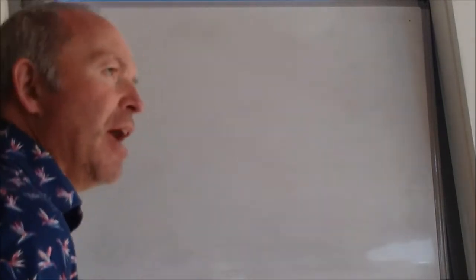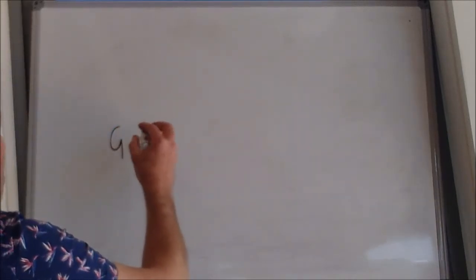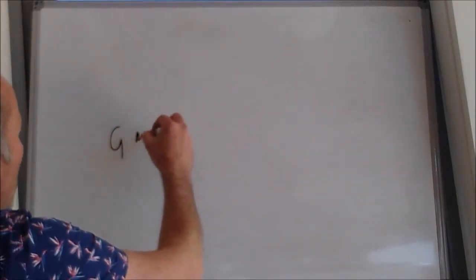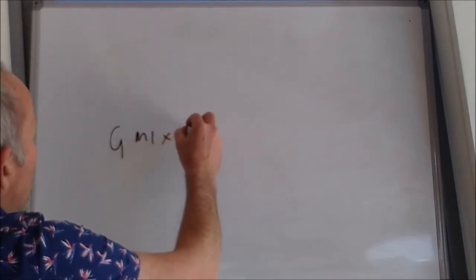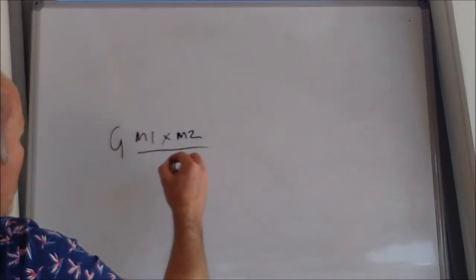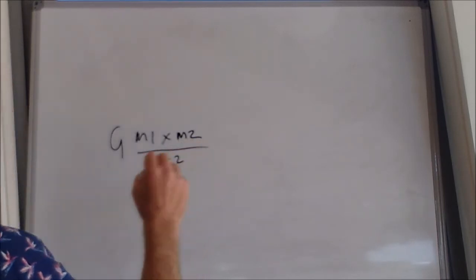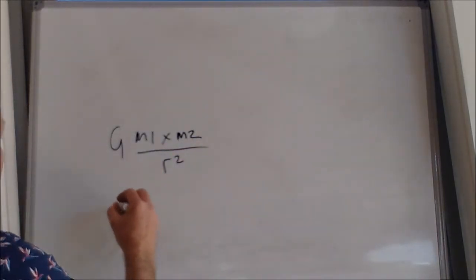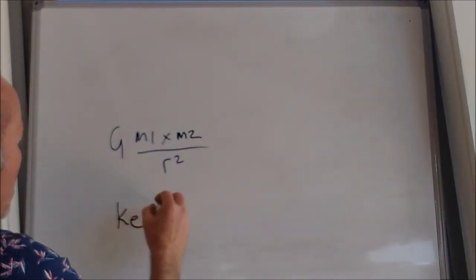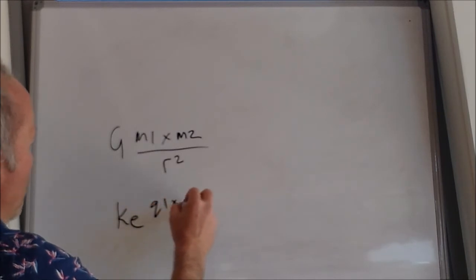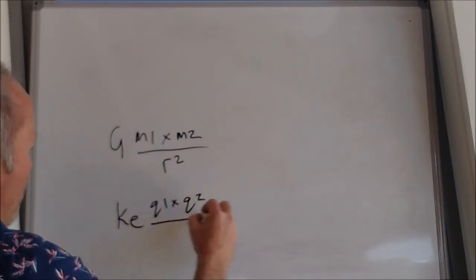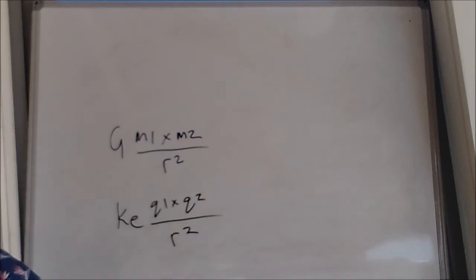And you can see that with the formula G m1 times m2 divided by r squared, and Ke q1 times q2 divided by r squared.